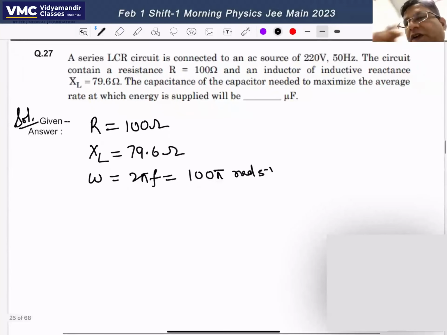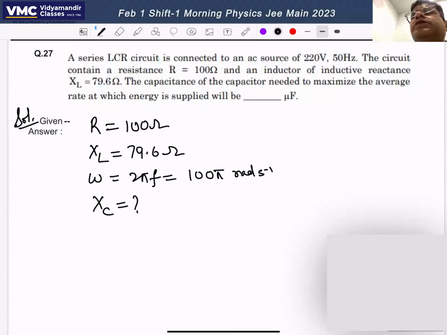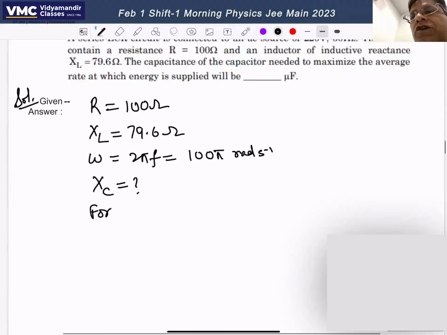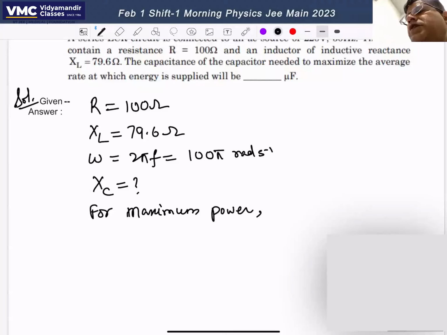So we have to find XC. For maximum power in a series LCR circuit, the circuit should be in resonance.